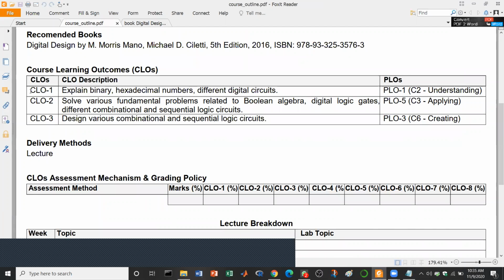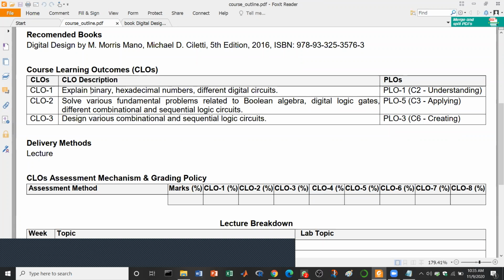As you can see here, CLO1 is to explain binary, hexadecimal numbers, and different digital circuits. As far as the Chapter 1 contents are concerned, we are primarily discussing binary and hexadecimal numbers because they have a special place in the literature of digital logic design.